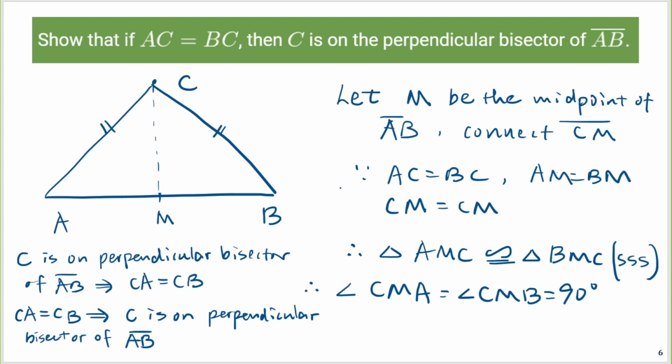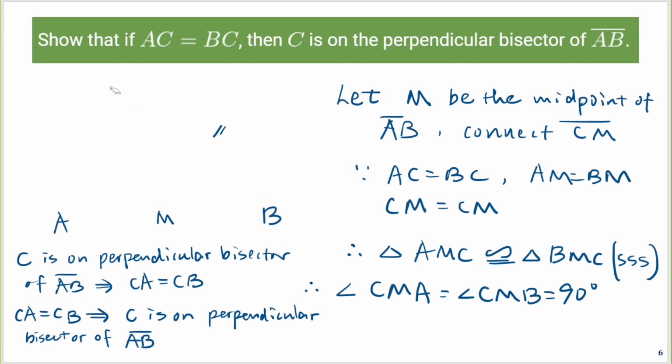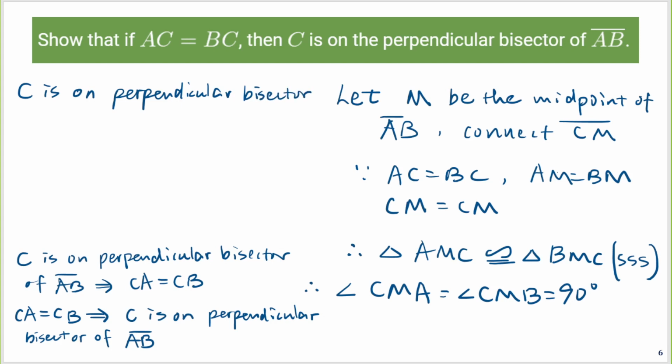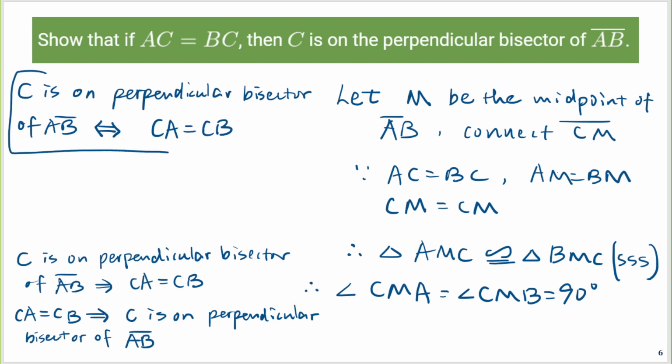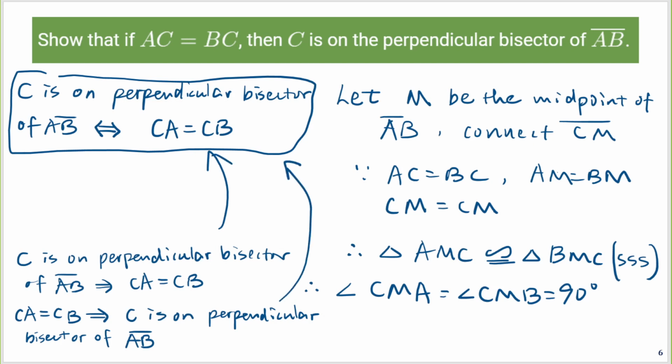And in mathematics, we have a special notation for this. If you have a reversible statement, you could use a simple symbol here. C is on the perpendicular bisector of AB if and only if, two-directional arrow, CA equals CB. So this summarizes these two statements together. Do you get it?